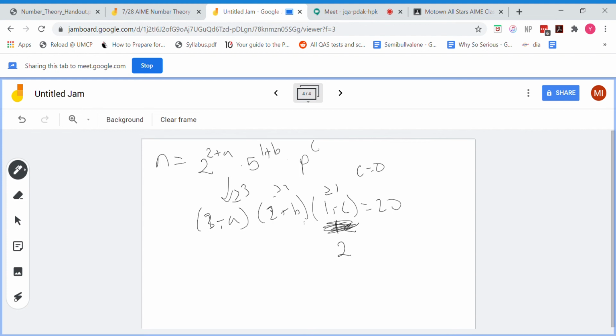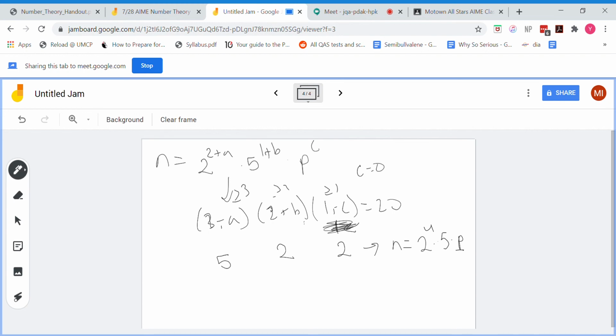So the only other possibility is if 1 plus c equals 2. Then 3 plus a times 2 plus b must be 10. The only possibility is 5 and 2. And so this gives us n equals 2 to the power of 4 times 5 times p, where p is a prime number.